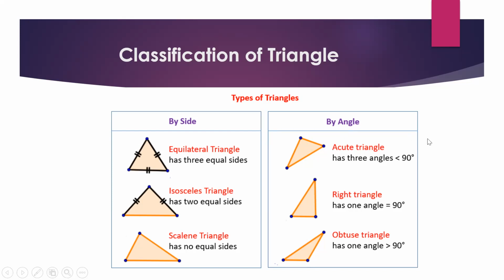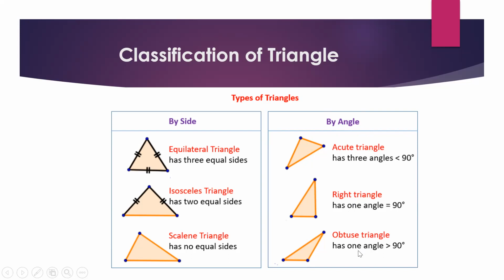Now, the ones that are classified by the angles here, because we are speaking about their angles. Acute triangle has 3 angles that are less than 90 degrees, as we discussed. All right, same for right angle, 1 angle is equal to 90 degrees.